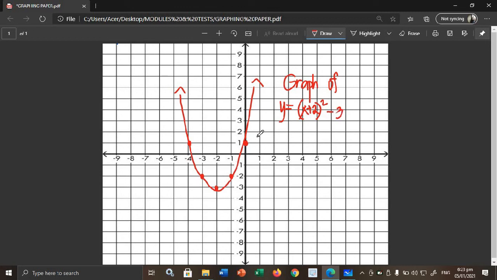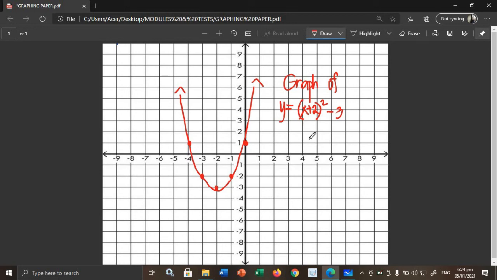So don't mind yung line kung hindi siya umabot dun sa points, no? Kasi nagmo-move kapag nagsusulat ako. But then when you graph it, you should make sure that the curve or the parabola will go to the points. Okay? Tatamaan niya dapat yung mga points. Dito kasi medyo hindi tumama or hindi siya dumaan. Okay? So, yeah, this is the graph of y is equal to quantity x plus 2 squared minus 3.